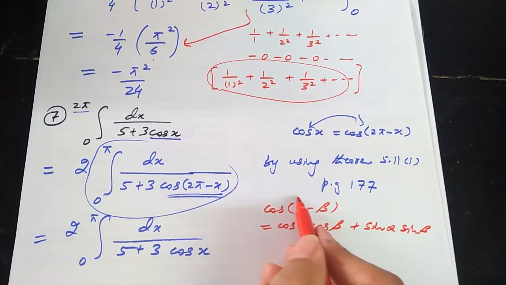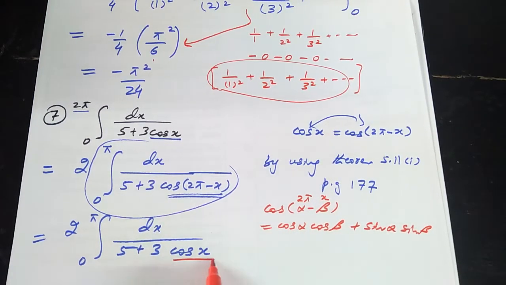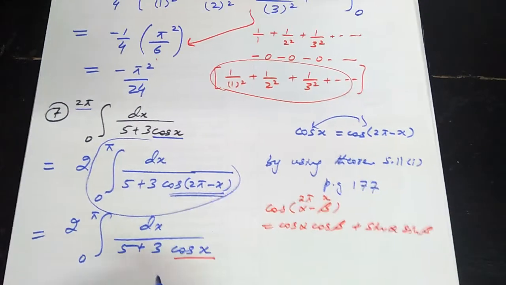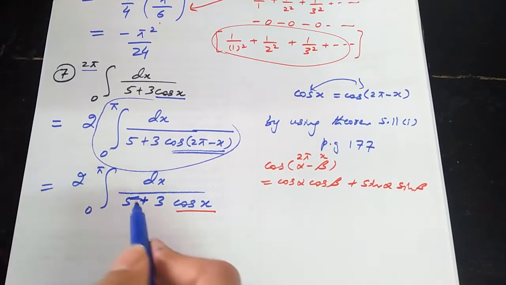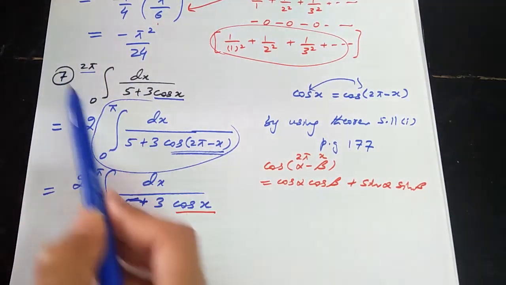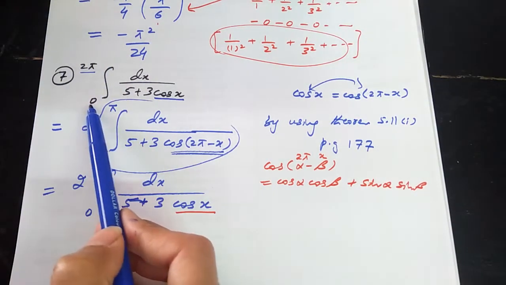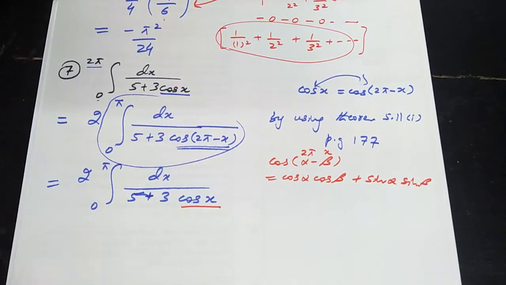Using that formula, just replace alpha with 2 pi and beta with x. You can see that you will get cos of x now. Now this integration is a lengthy one, and you can just memorize its formula as well. You can directly use it here because this exercise is emphasizing breaking the limits of integration, not the integration process. So you can memorize its direct formula as, let me write it here.